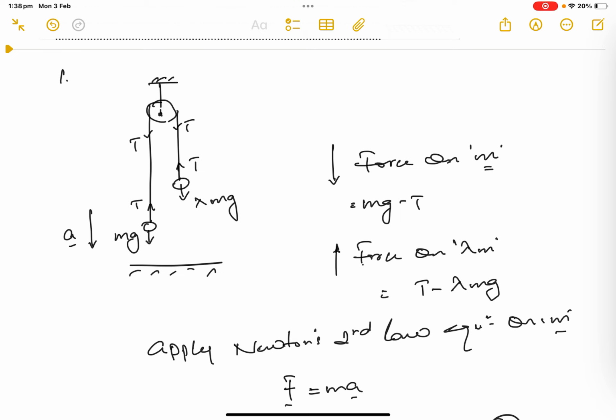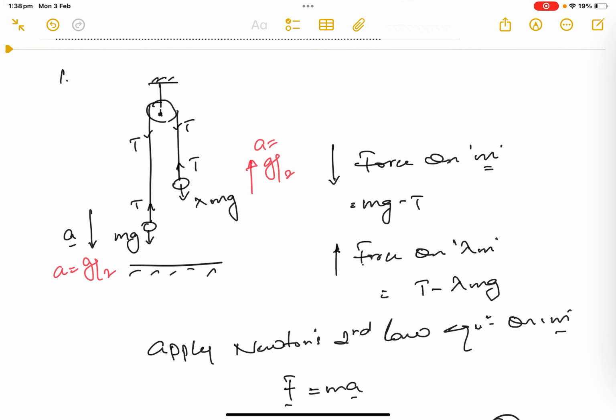As m travels downwards with an acceleration a, which equals g over 2, the other particle will go upwards with the same acceleration.